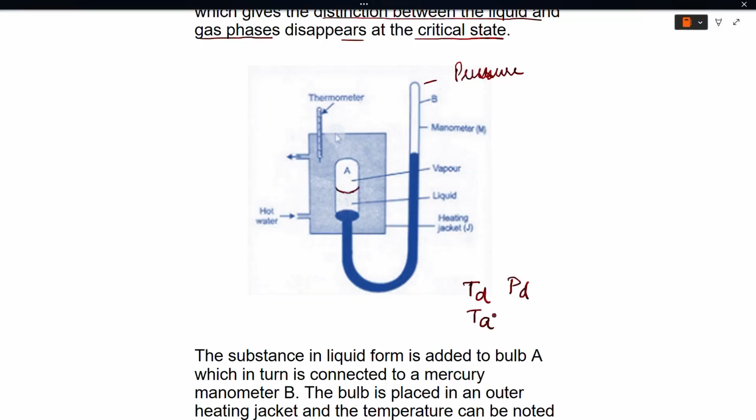Next we cool down the gas, and there will be a particular temperature at which the meniscus appears. So I put it as Ta, for appearance, and Td is for disappearance, and the corresponding pressure at which the meniscus appears is also noted.